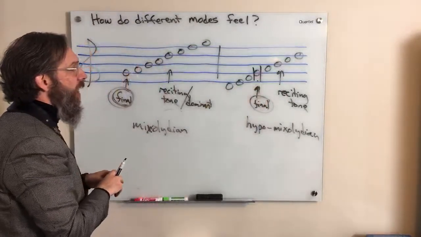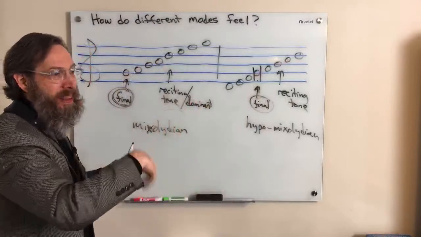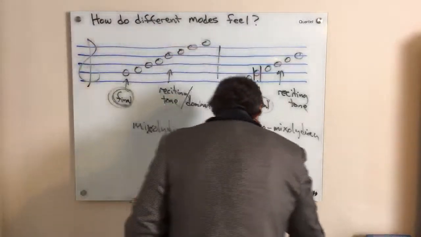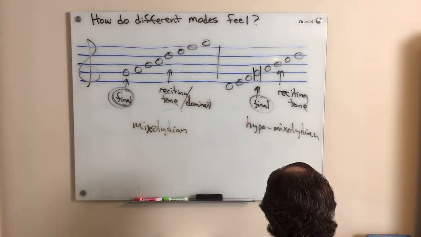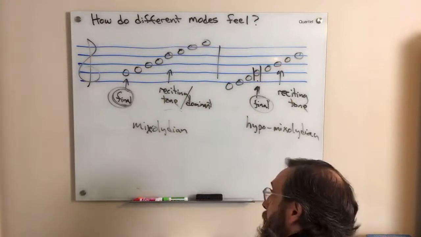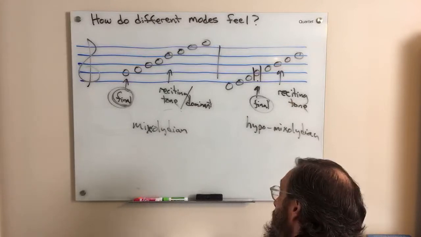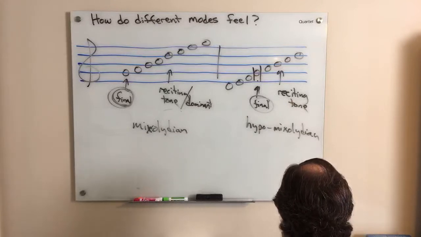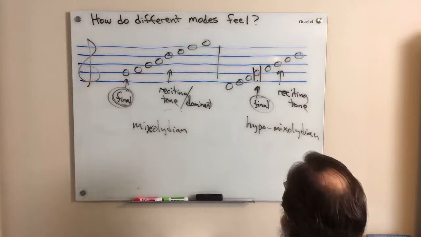The idea in the hypo modes is that the melodies go beneath that note a lot more. So if I were to play this on the piano, right? That would be mixolydian mode, because I'm focusing on that G, I'm playing everything above that note, up the scale, and I'm playing the D as a secondary focal point.